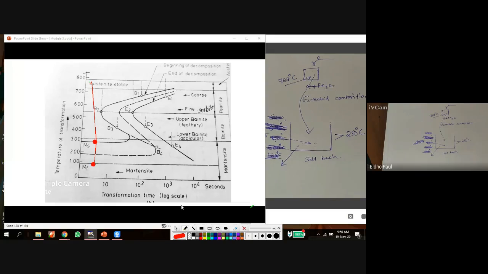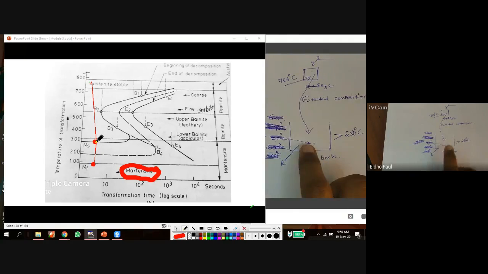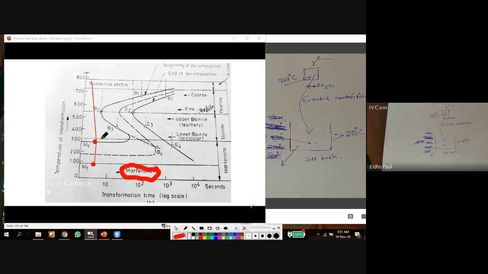So at 250 degrees Celsius, if you maintain the salt temperature less than 250 degrees Celsius, we get martensite. So these are the three microstructures formed by providing different cooling rates on the austenite sample.